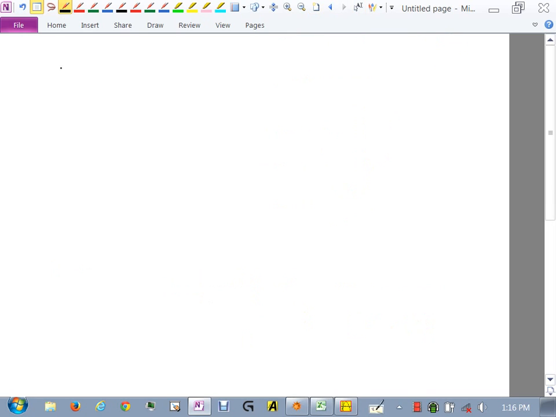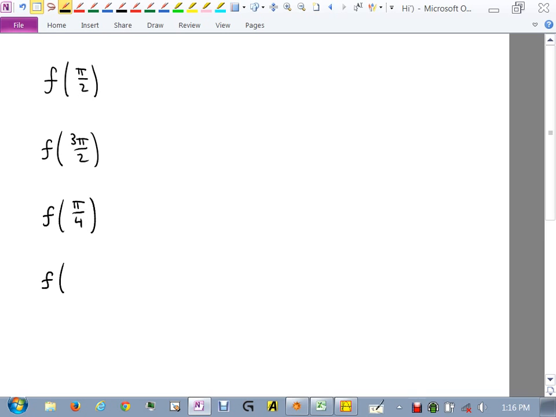So I want to evaluate my original function at the critical numbers, which were pi over 2 and 3 pi over 2, and then at the endpoints, which are pi over 4 and 7 pi over 4.